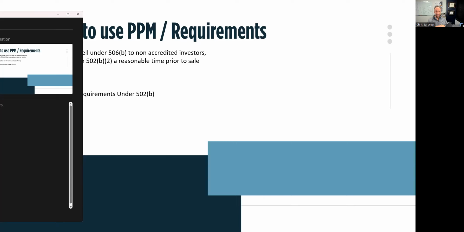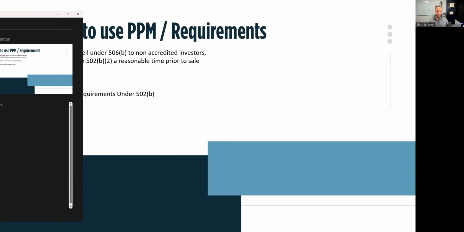So if you sell only to accredited investors, technically some of these requirements don't apply, because the rule says if you sell to non-accredited investors under Rule 506(b), then you have to furnish the information in Rule 502(b)(2) at a reasonable time prior to the sale, meaning prior to them investing in your deal, you have to give them this information.